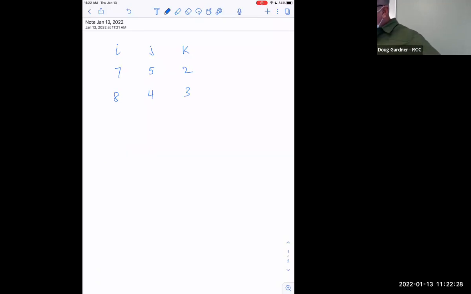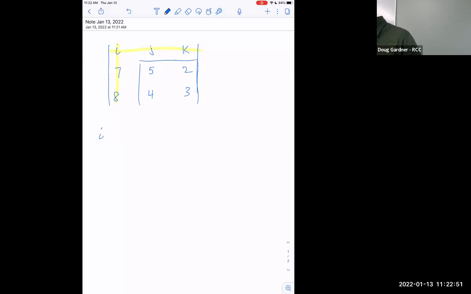So how do you take a cross product of this expression right here? Well, here's what you do. You start out with this and cross out that row. Crossing this out gives us our I row, so that'll be I. Do you see what's left behind?